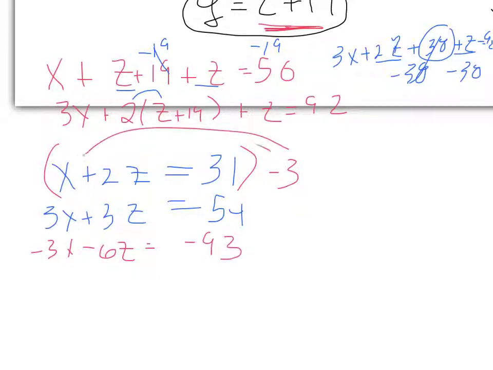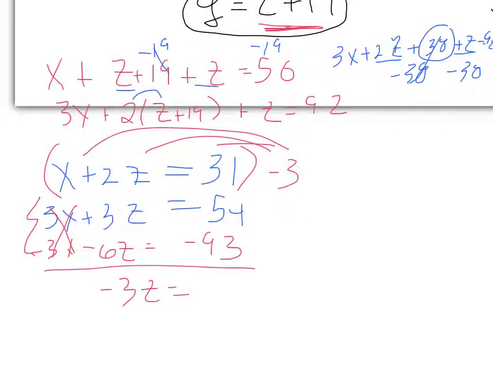Now adding these 2 equations together, we get cancellation here. Negative 3z equals 54 minus 93, which is negative 39. Divide by negative 3, and z equals 13.